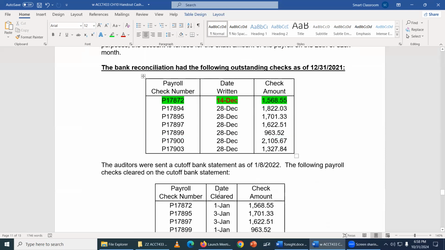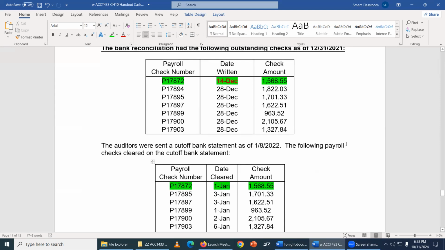So here it is. So all we're going to do is kind of go down the list here and see which one's cleared. So this one, I'm going to put, what is it? 170133.